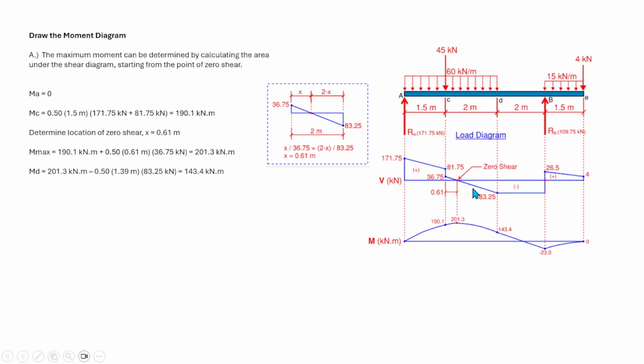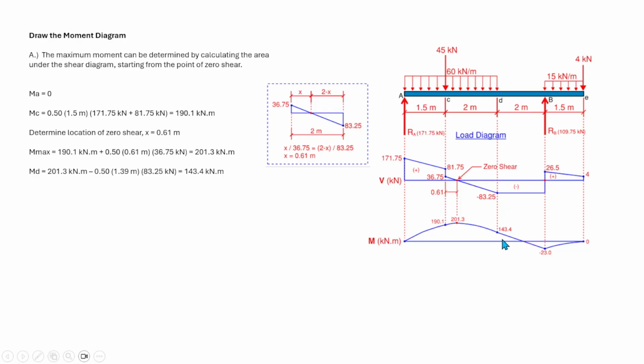So that is equal to 201.3 minus, because that is negative shear, 0.5 times 1.39, that's the length from here to there, times 83.25, which is this one. That is equal to 143.4. So that is the moment at point D.